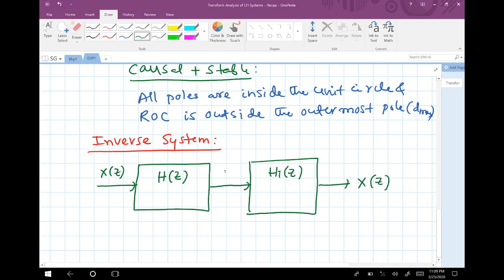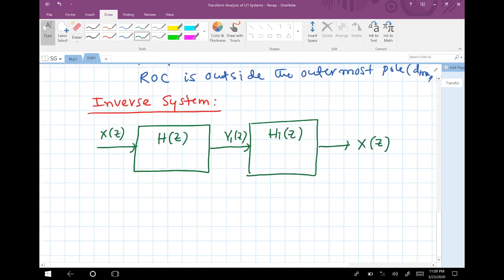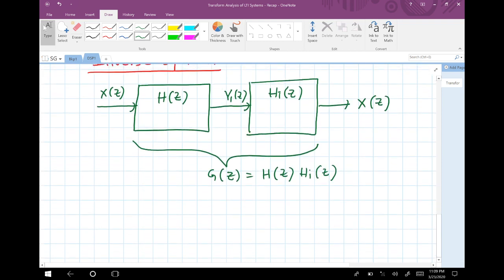For the time being, let's call this output Y1 of Z. Now, we could club them together and call the whole transfer function G of Z, which should be equal to H of Z multiplied with HI of Z. Essentially this is X of Z you are getting, the output here.